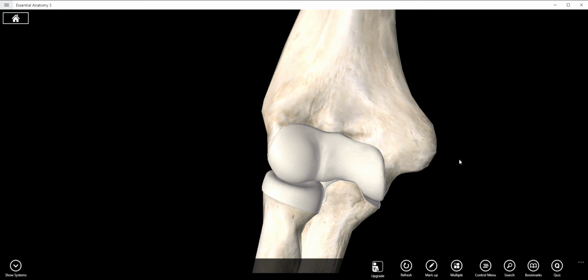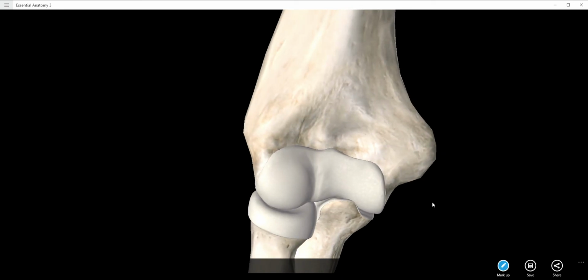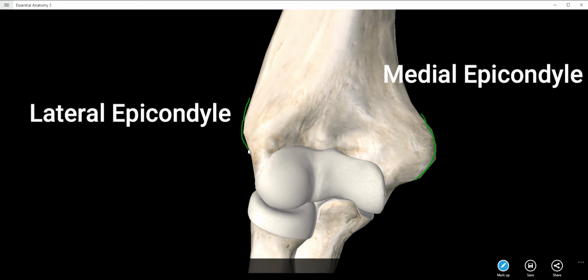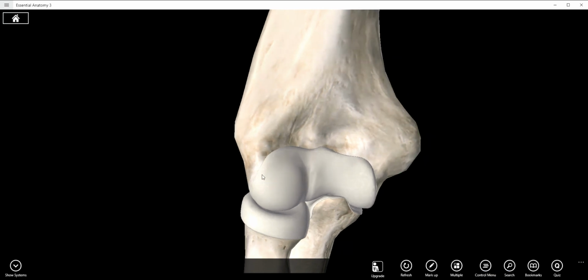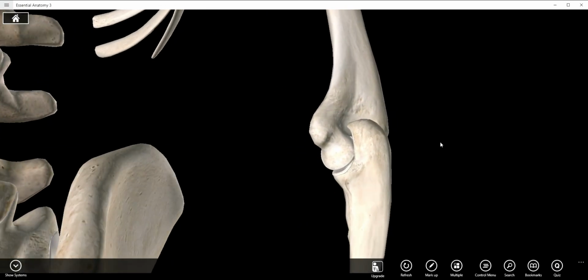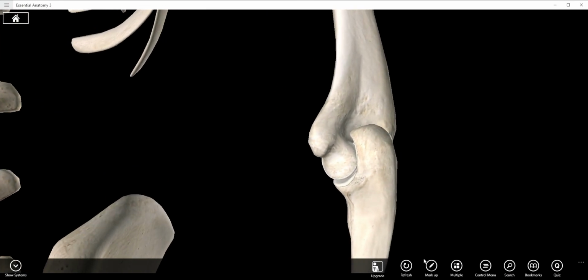Now we also have epicondyles. A lot of muscles attach to our epicondyles. So here's our medial epicondyle and our lateral epicondyle. That's lateral. That's medial. And then the last structure on our list is one you're probably familiar with because you've accidentally hit it on a table or a door frame or something.